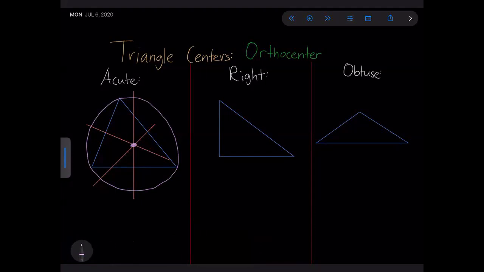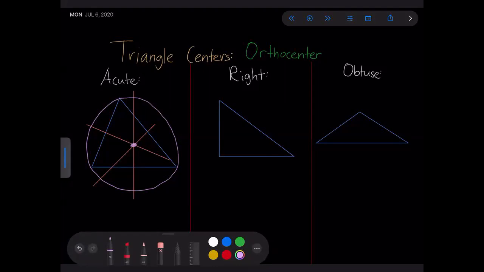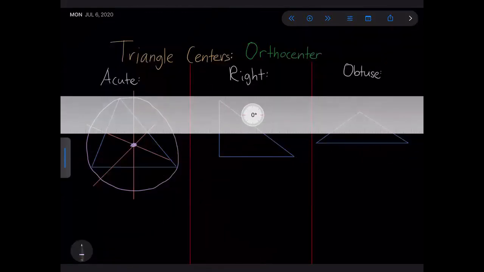So before the incenter was a circle inside the triangle, the circumcenter is a circle outside the triangle. You can always draw a circumcircle for any triangle. So in the case of the acute triangle, the circumcenter is inside the triangle. This is not always the case. If you go to the right triangle, let's draw our perpendicular bisectors for this.